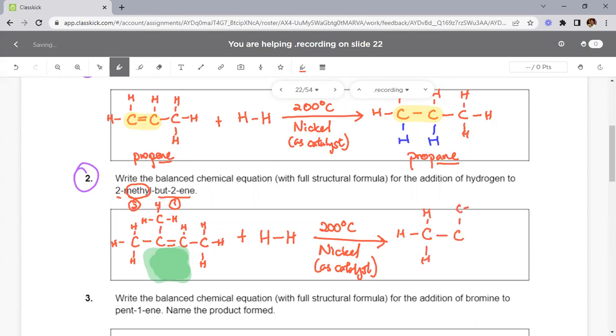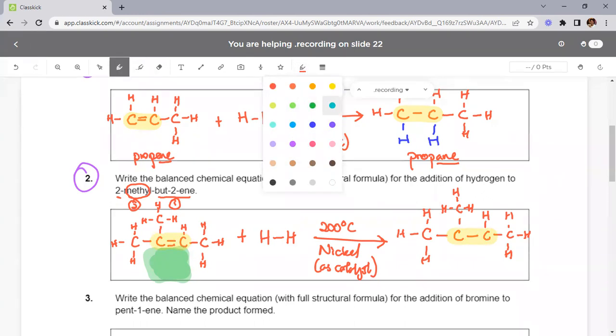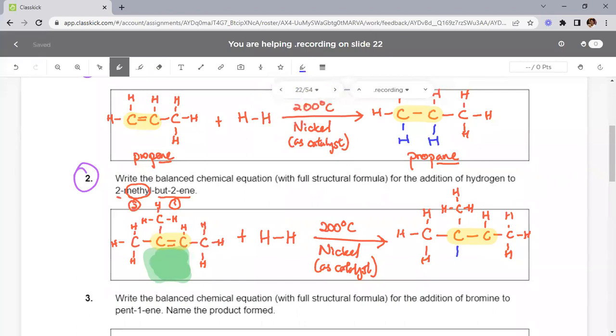Okay, at the top here, I got CH3, then CH, CH2, CH3. So I'm going to use yellow highlighter to just show you where's the original 2 carbon with the double bond. This is the 2 carbon with double bond. And after I've added in, okay, the hydrogen will actually be over here.